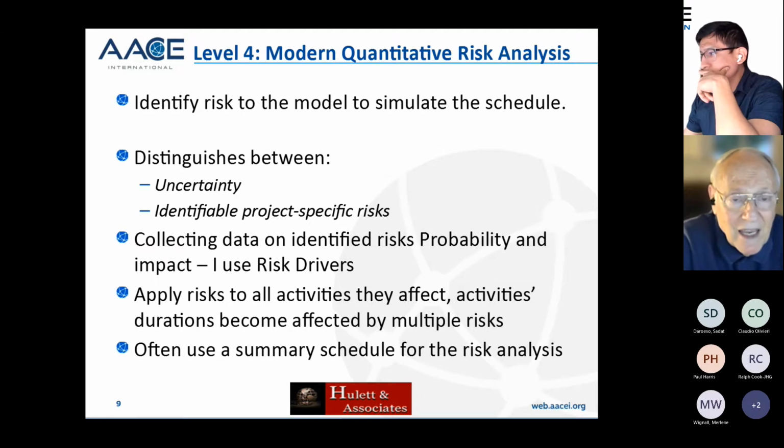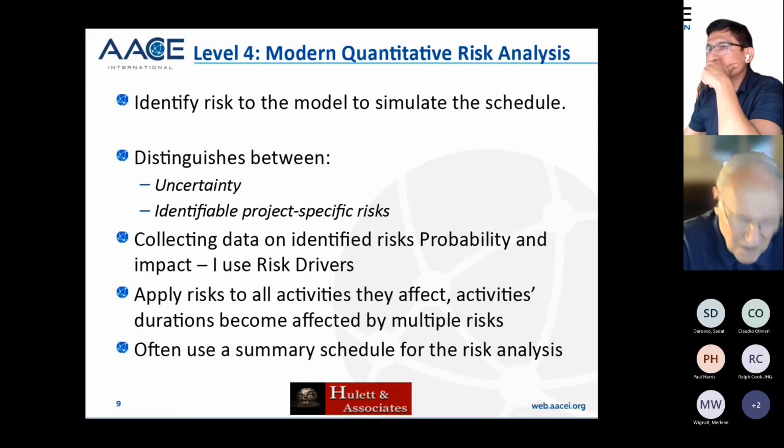In 2019, I got through the tech board in AACE a new definition of uncertainty that was added to the two definitions that were already there for the term uncertainty. And it has to do with estimating error, estimating bias, and inherent variability of things. And I'll return to that. But I guess what I'm saying is uncertainty when we're doing Monte Carlo simulation is really background noise that cannot be reduced in the space of one particular project.